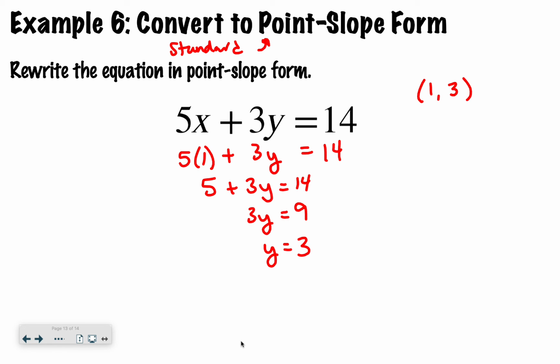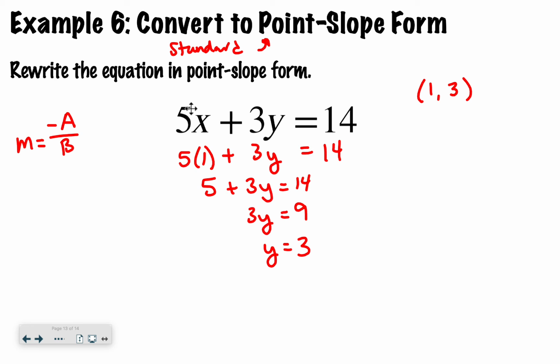Now you might be wondering, how do I find the slope for this equation without converting it to slope-intercept form? Well, a really handy thing that would save you a lot of time, so I recommend you write it down, is this is how you can find your slope from standard form.